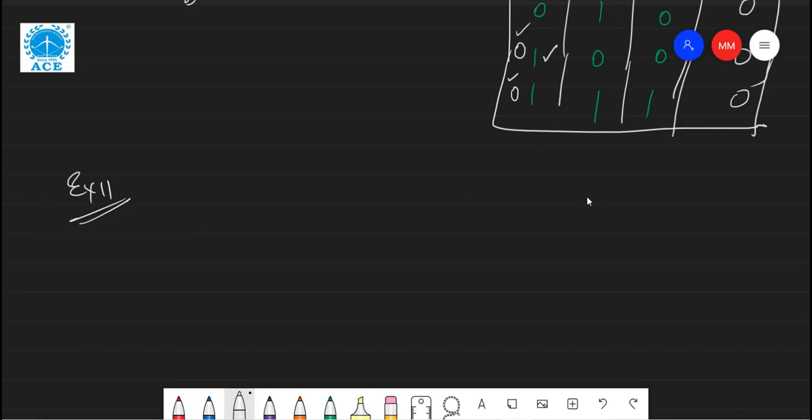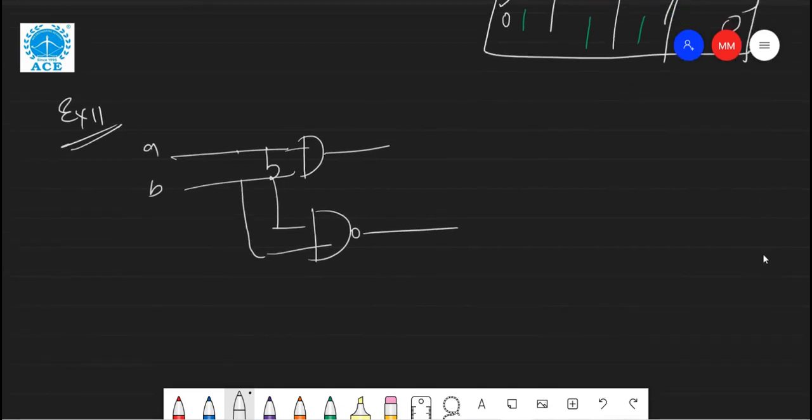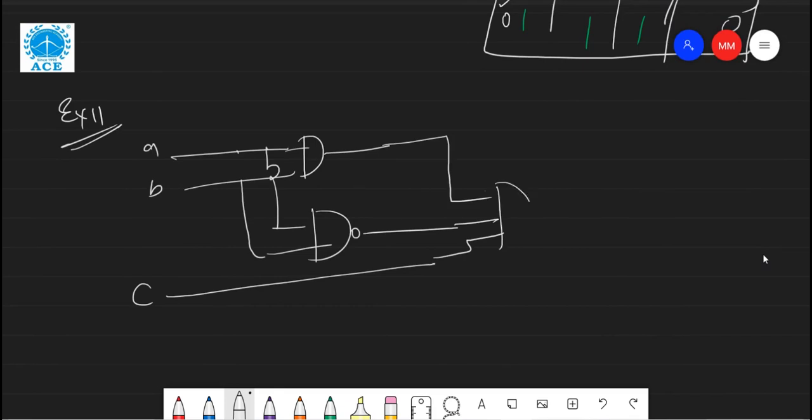If I have a circuit, an AND gate, this is A B. This and a NAND gate, for example, this is C. Now these three are connected to the NAND gate.